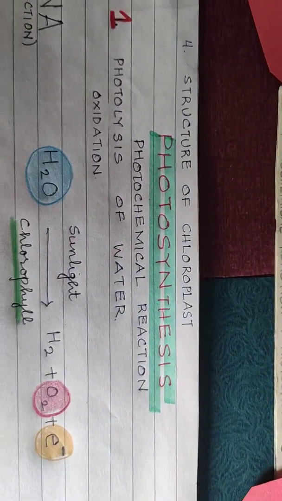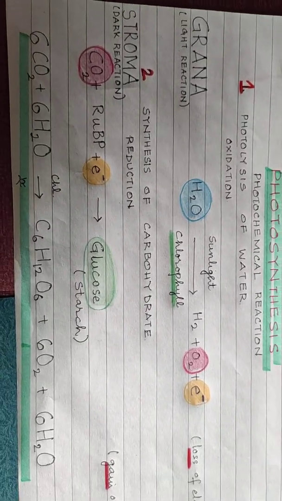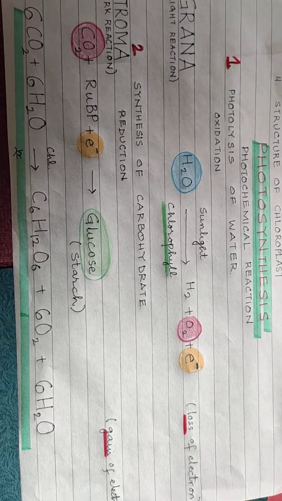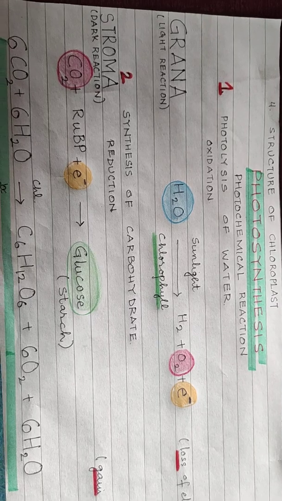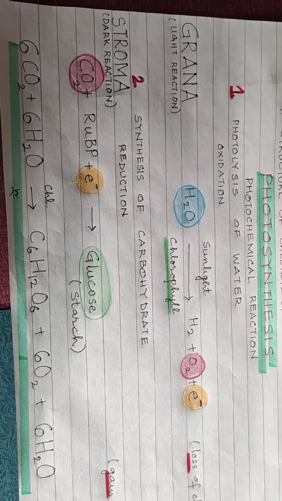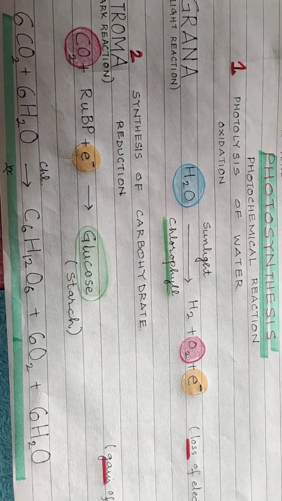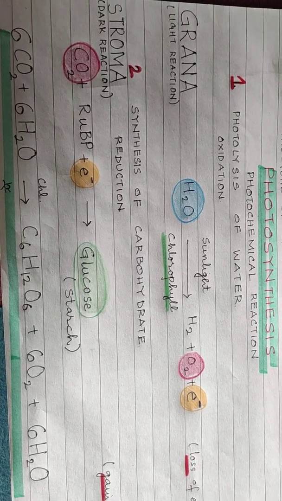So we call it photosynthesis or the photochemical reaction. Now if we look at the write-up part of it, how do we show the mechanism of photosynthesis, we have to consider the structure of the chloroplast where photosynthesis is taking place. The first reaction is the photolysis of water, where water gets broken down in presence of sunlight to release electrons and oxygen.